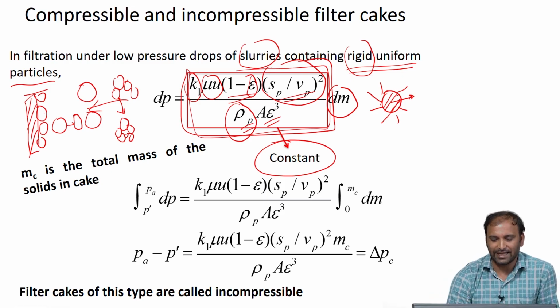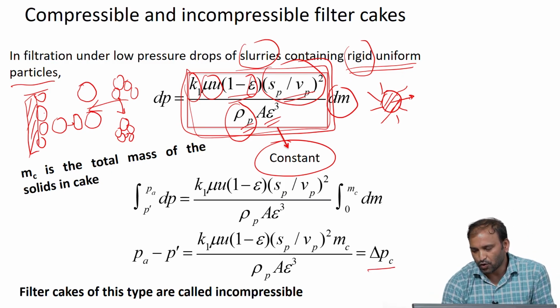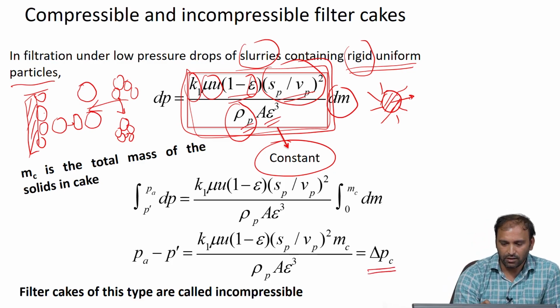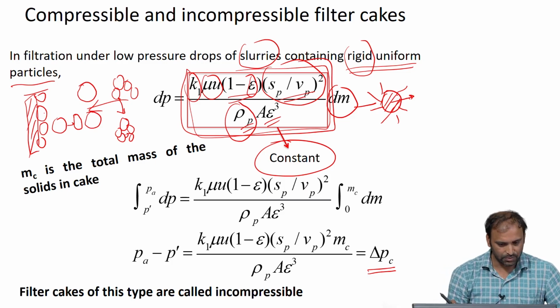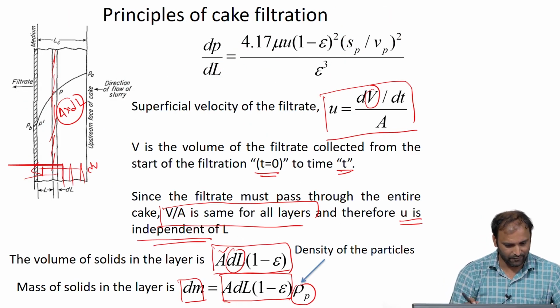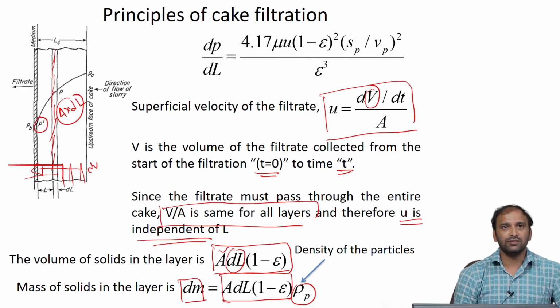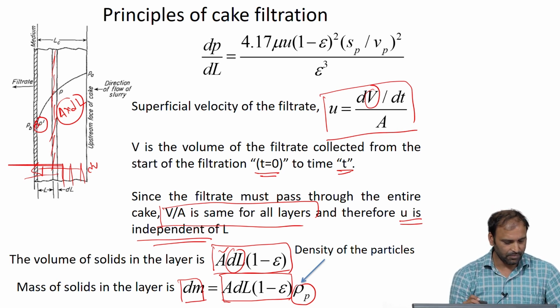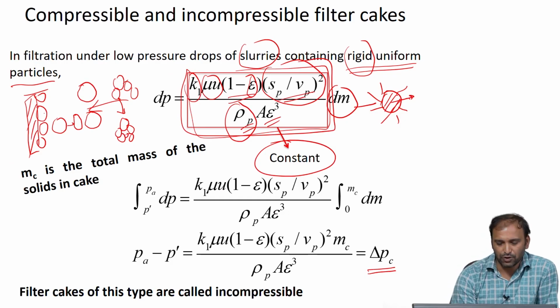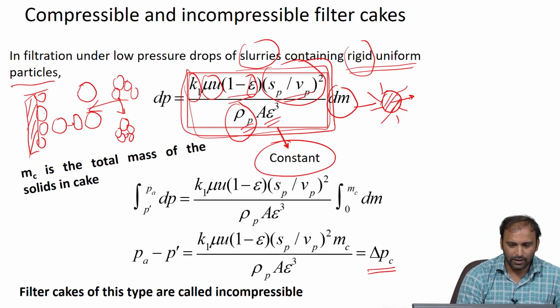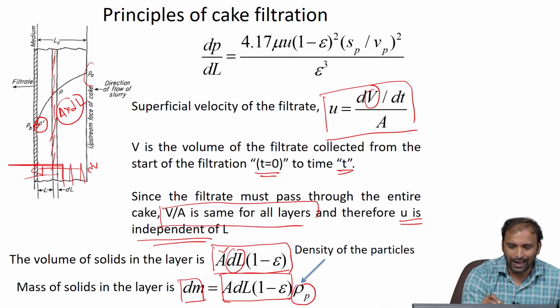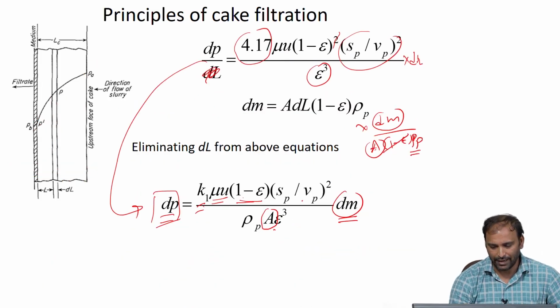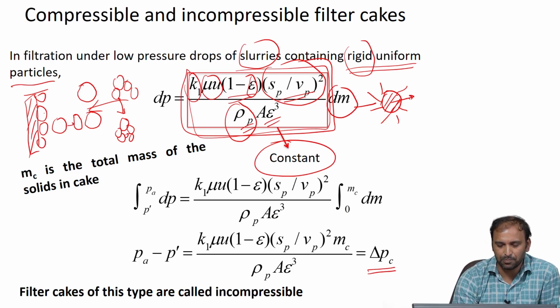Therefore I can get an expression for the pressure drop across the filter cake just by integrating this equation. If I go back to the figure, P prime is the pressure at the filter medium, and Pa is the pressure at the upstream end. So I integrate dP from P prime to Pa.